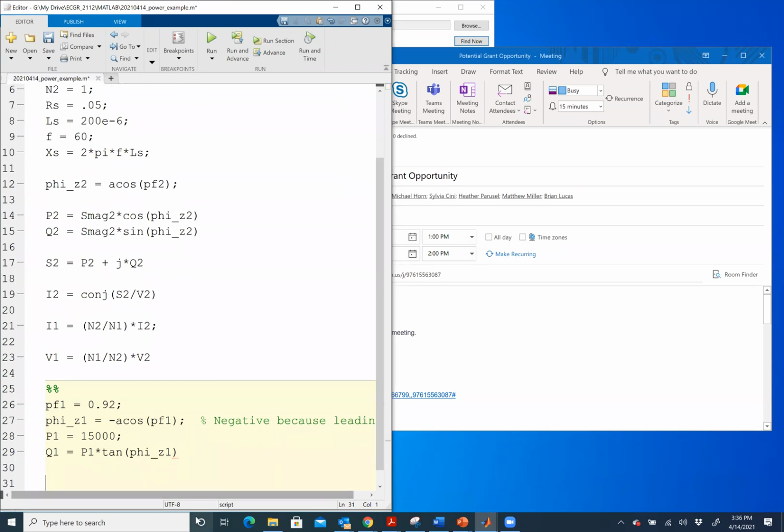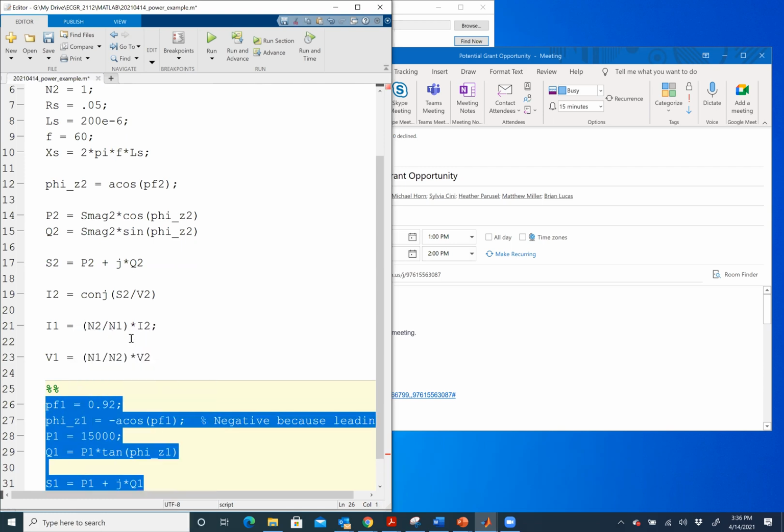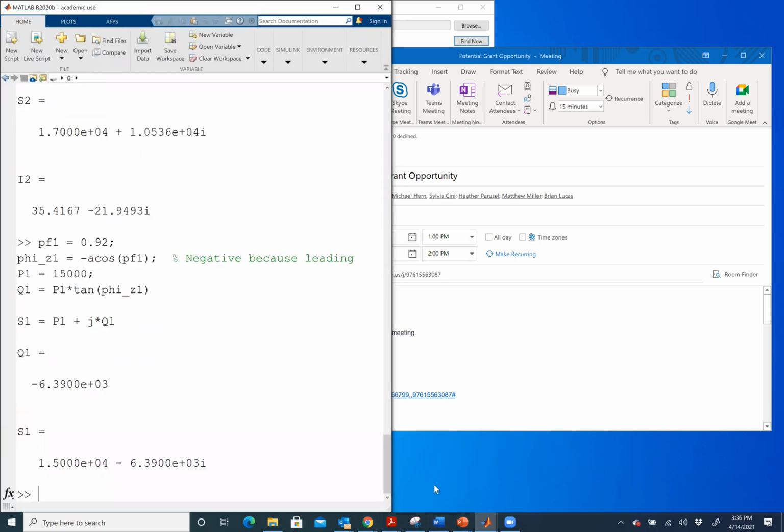And I'm going to say my S1, that power there, S1 is equal to P1 plus j times Q1. All right, and there's my power. Questions about what I did there? All right, so I'm going to run that, and there are my answers.